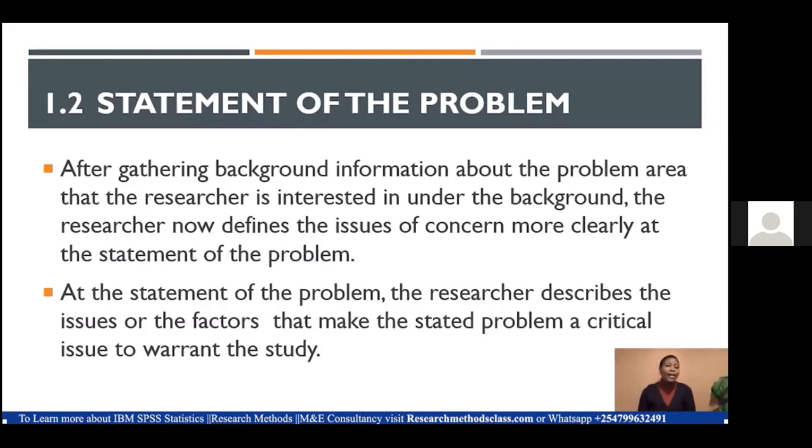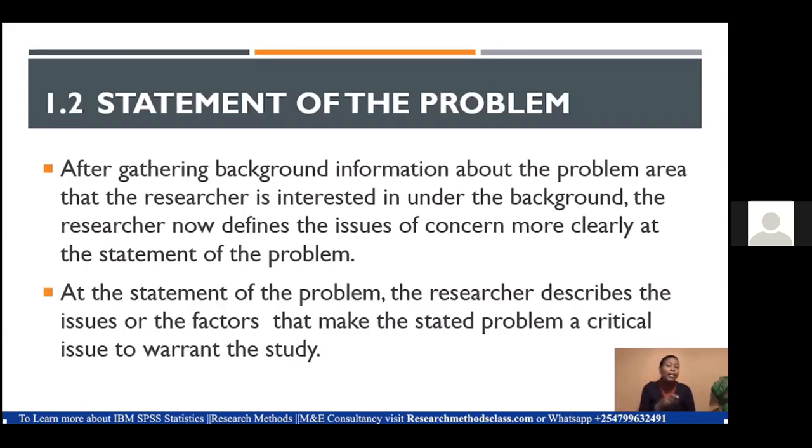Remember, in the background, you have given your reader the historical perspective or the historical overview of the problem. You now narrow it down to tell the reader, why do you need to go to the field, use your money and time to investigate that problem?